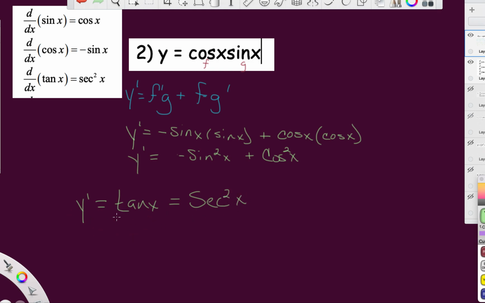And really all you had to do was take this and convert it to sine x over cosine x and use the quotient formula. And remember, sine squared plus cosine squared equals 1. Okay? So there it is.